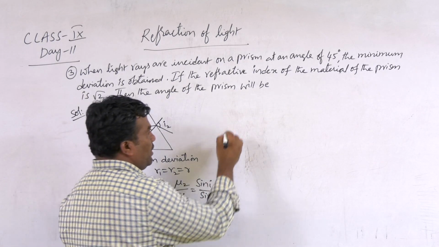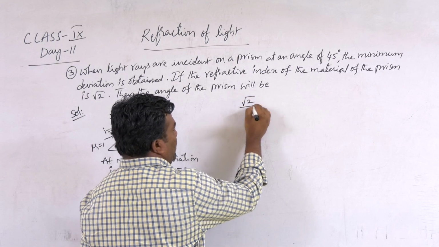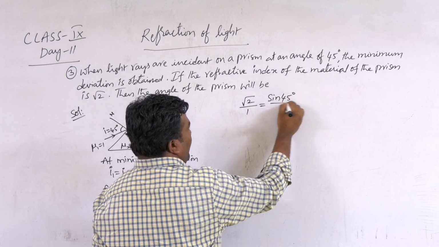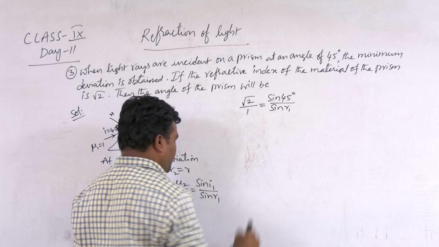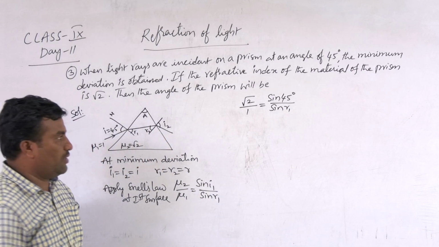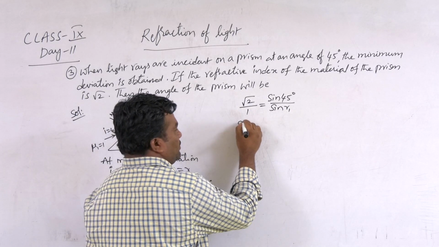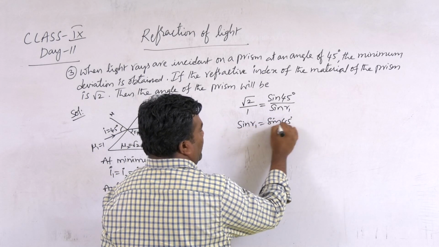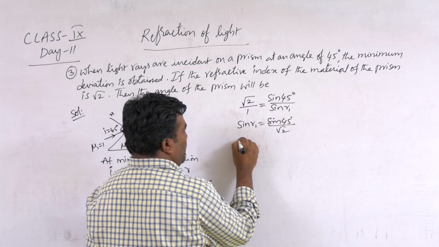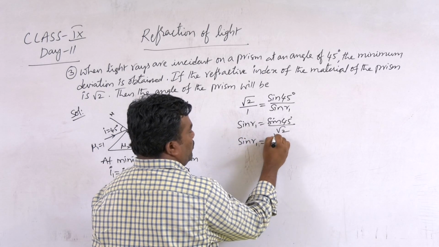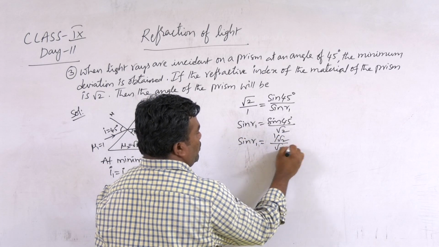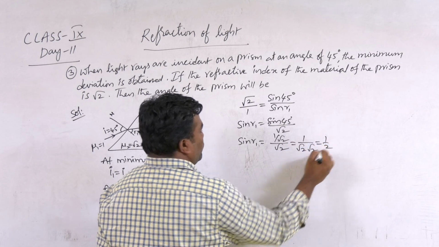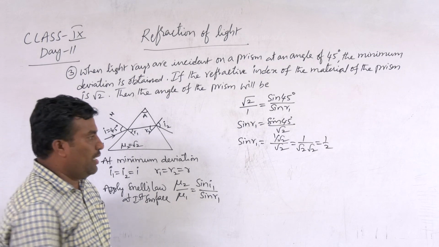Now I am writing root 2 by 1 is equal to sin 45 by sin R1. So sin R1 is equal to sin 45 divided by root 2, which is 1 by root 2 into root 2, that is 1 by 2. Is that clear now?